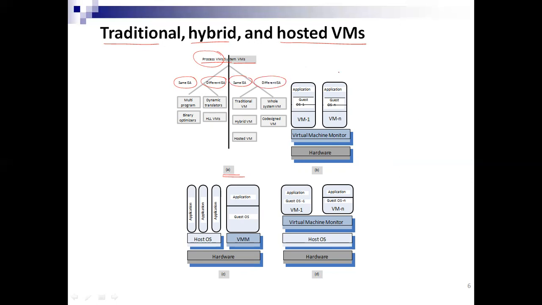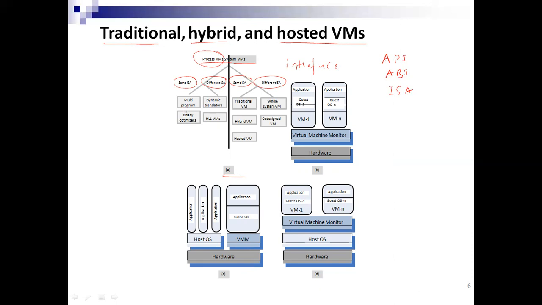ISA is an interface. The three kinds of interface that we have seen in the previous class are API, ABI, and ISA.